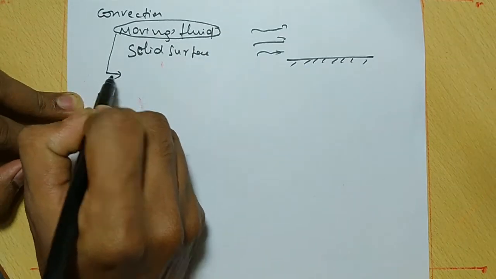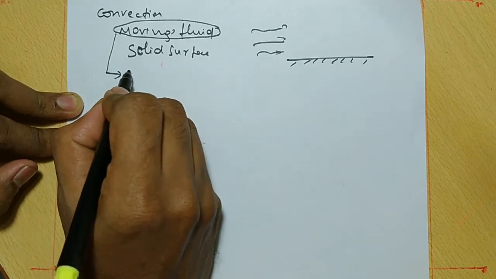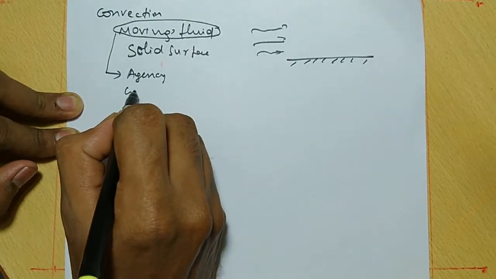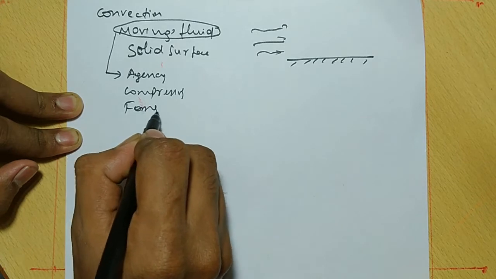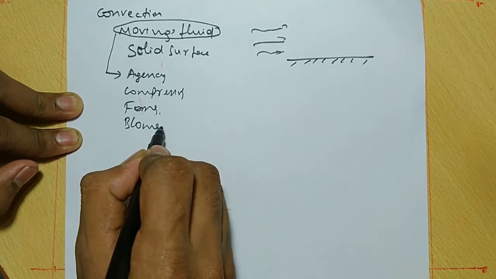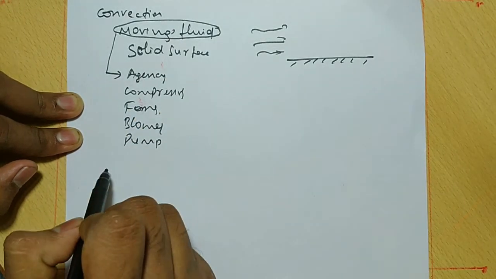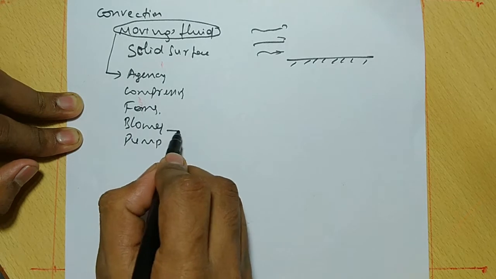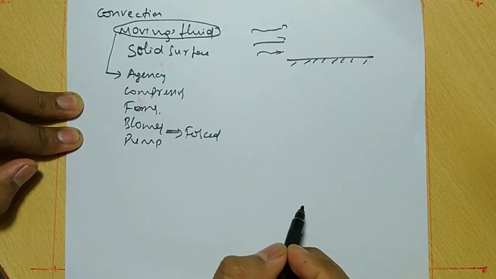The movement of the fluid is caused by some external agencies, such as compressors, fans, blowers or pumps. By using these external agencies to give the movement of the fluid, it is called forced convection.